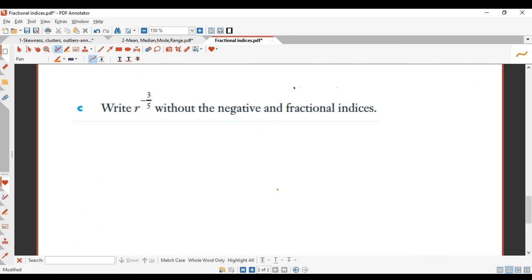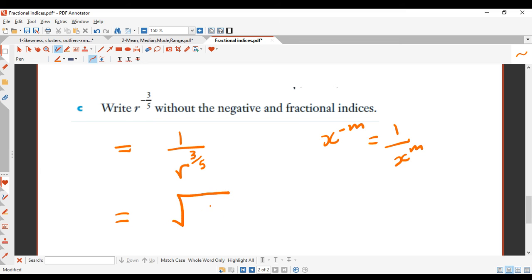And last of all, write without the negative and fractional indices. Okay, so first thing we've got to do is write this as a positive power, r to the 3/5. If you're wondering what index law I used, x to the minus m is 1 over x to the m. And then in other words, we've got to write this in surd form.